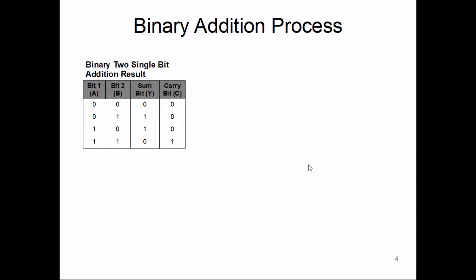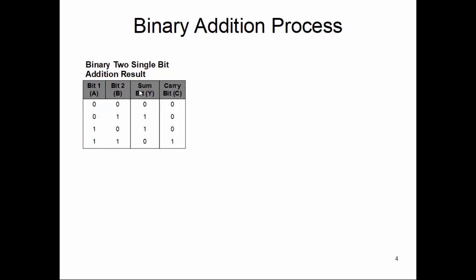First we need to know what the outcome of adding two bits is. Let's say bit 1 and bit 2, A and B, and we add them. Now if we add them, we have two outcomes: one is the sum bit, the sum result, and the other is the carry.